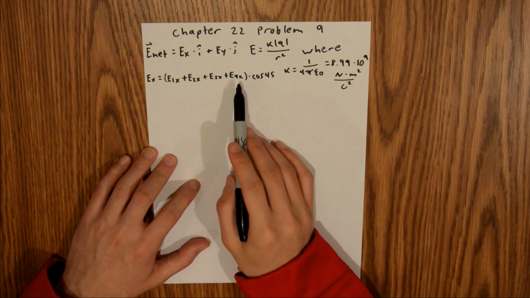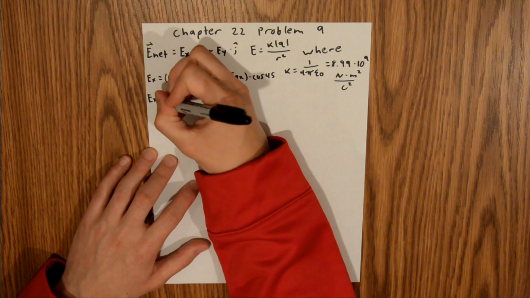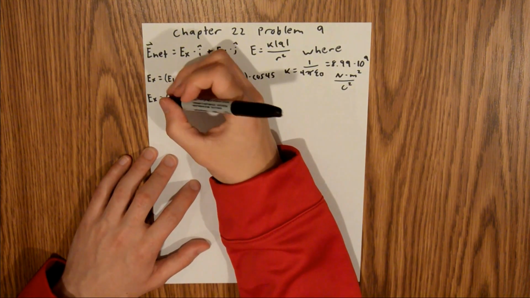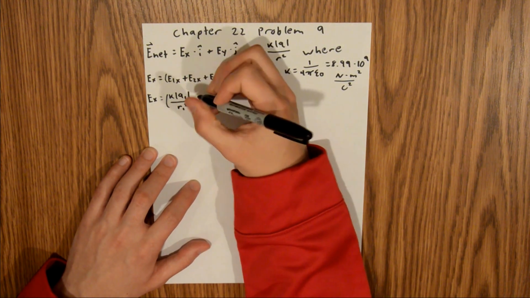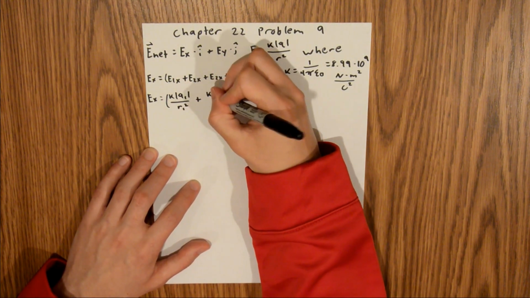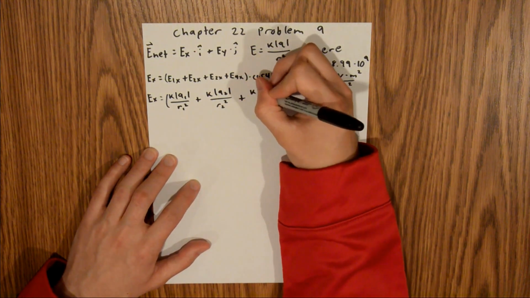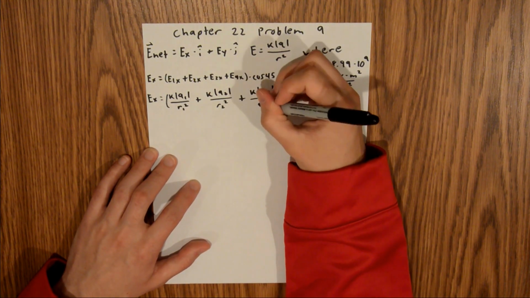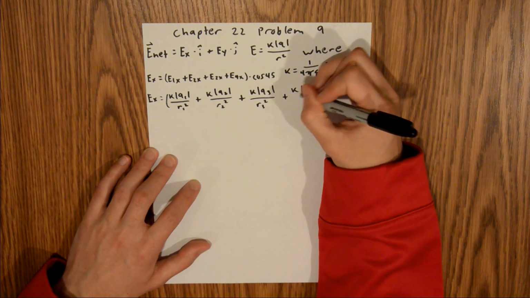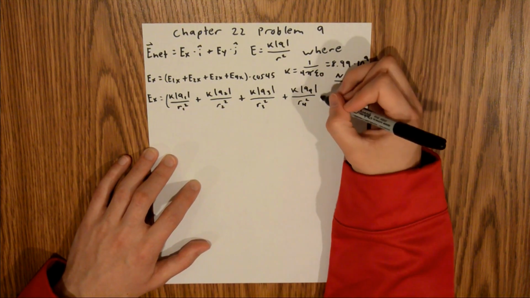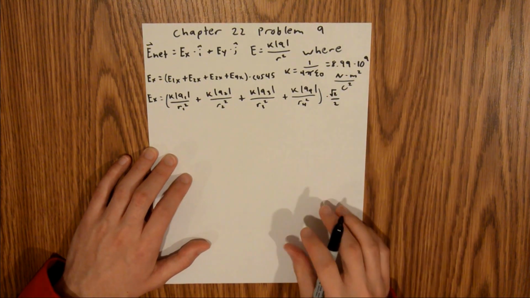And so we can expand out each of those using this equation here, and that'll give us E of x is equal to k times the absolute value of q1 over r1 squared plus k times q2 over r2 squared plus k q3 over r3 squared plus k q4 over r4 squared times the cosine of 45, which is the square root of 2 over 2.